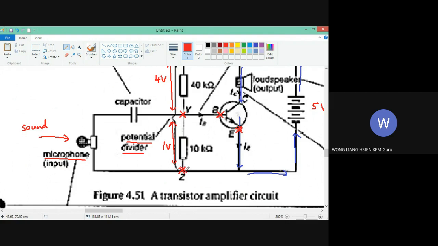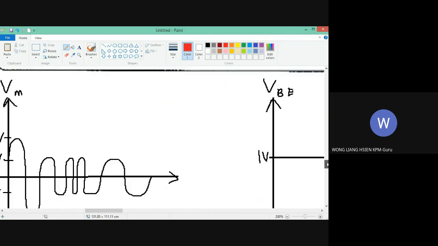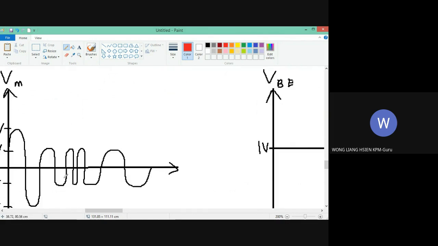So what happens is the voltage from the microphone will add on to the voltage from the power source. That means this 1 volt. The voltage from the microphone will add on to this 1 volt. So that means the voltage of the base emitter will have this voltage added on to it.